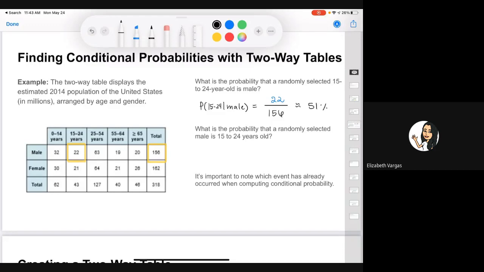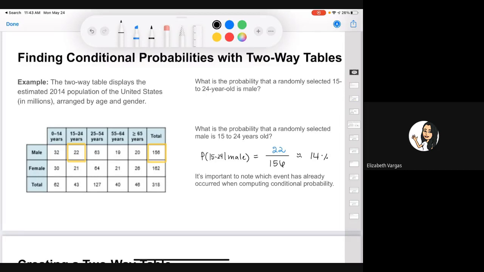Okay. What's the probability that a randomly selected male is 15 to 24? Well, that's telling me, oh, okay. I see what I did here. I'm wording this wrong. This one goes on the bottom. And it's not 51%, it is 14%.